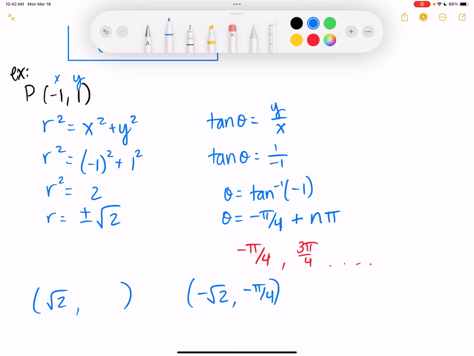And then for the positive one of 3 pi over 4, the angle is positive, and that's around over there. So I'm going to make this one 3 pi over 4.